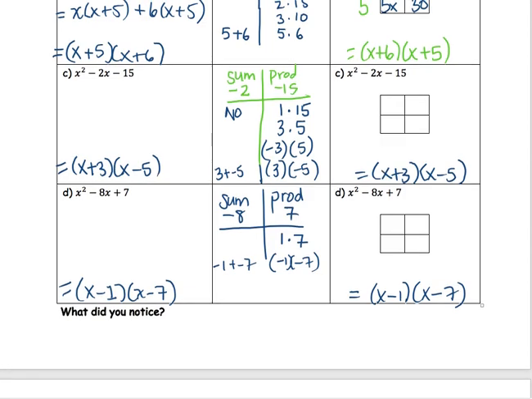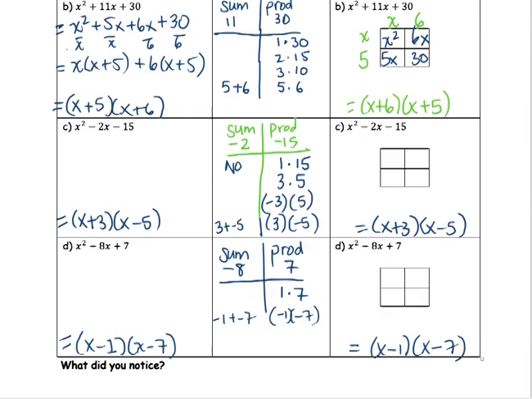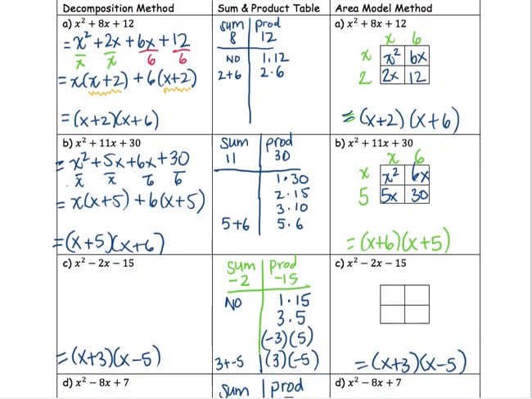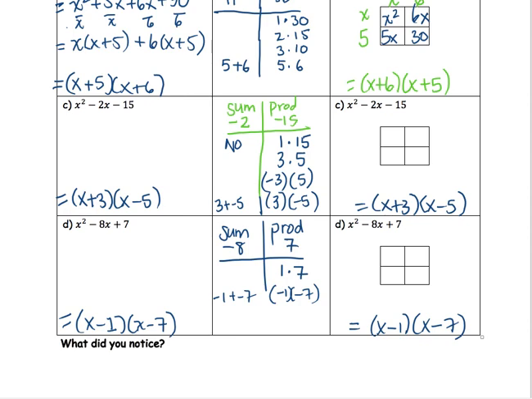Okay, all right, and what you would have noticed, if you did this for the first time, is that when you found the numbers from the product sum table, those were the actual factors. Okay, so we can write that in.